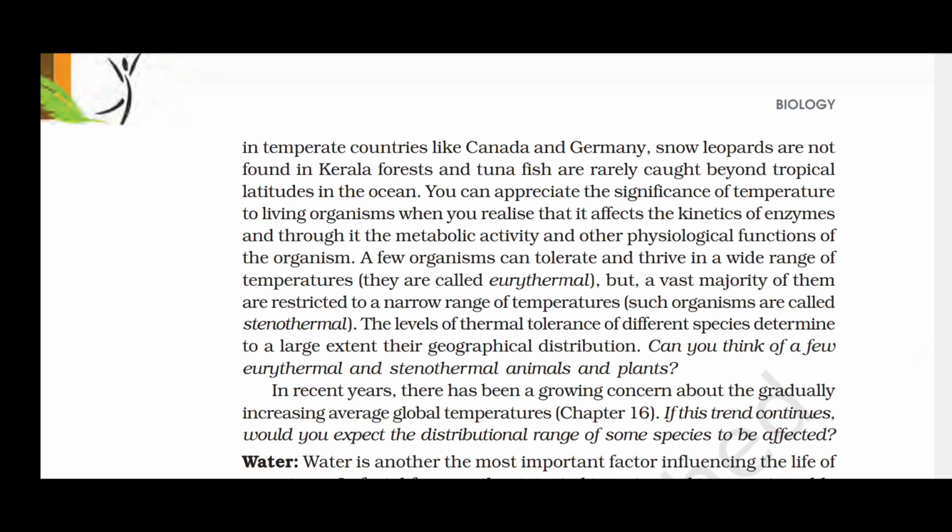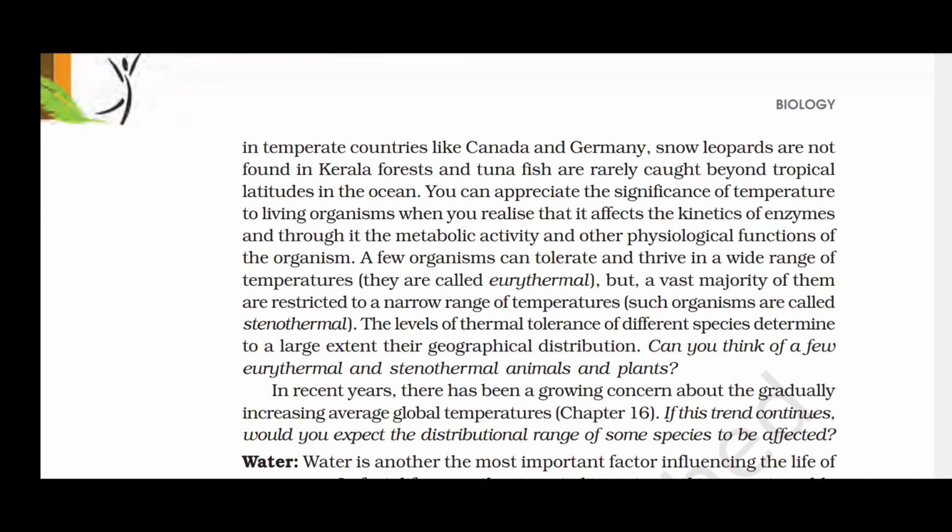A few organisms can tolerate and thrive in a wide range of temperature. They are called eurythermal, but a vast majority of them are restricted to a narrow range of temperature. Such organisms are called stenothermal. The levels of thermal tolerance of different species determine to a large extent their geographical distribution.